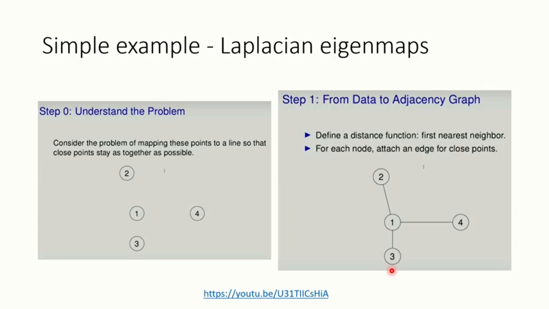Let's look at how this Laplacian eigenmap will solve the problem. So we compute the distance and create a nearest neighbor network like this. So the nearest neighbor of 3 is 1, so make a link for 1, okay? Is that okay? So we have a network.